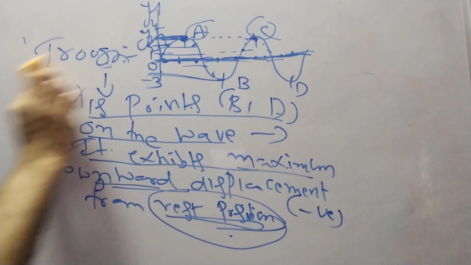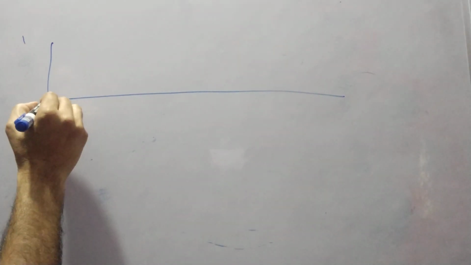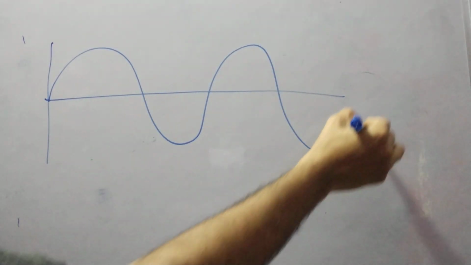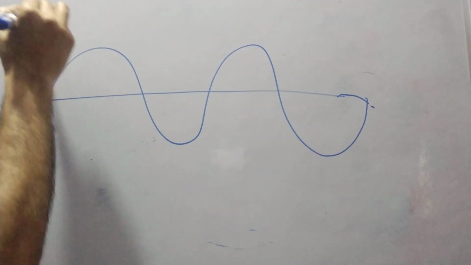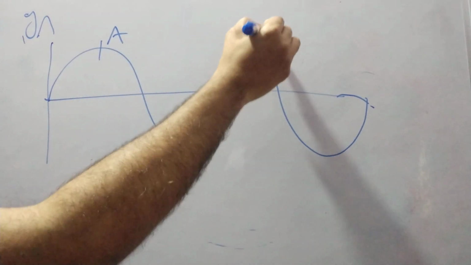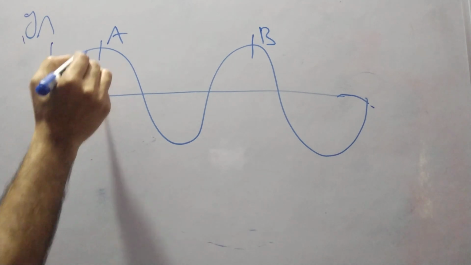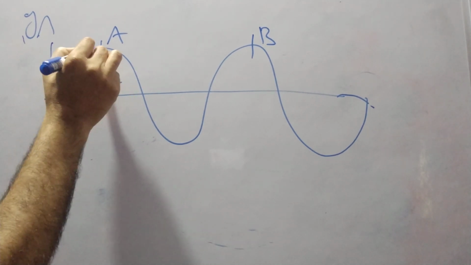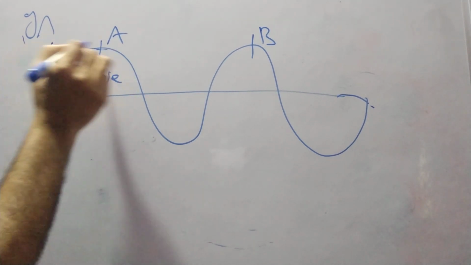Right? So again I will show the crest and trough in the figure. Now see here, this is the figure. This is the displacement. What is a crest? Crests are the points on the wave which exhibit maximum positive displacement. The value we took is 3 here.